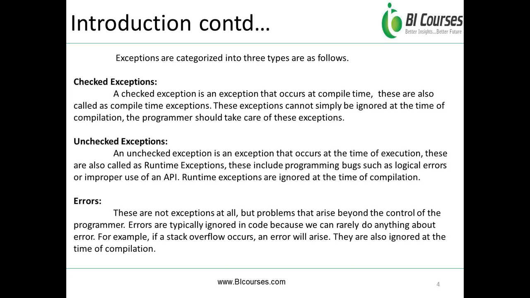We might not know what the user can enter, so if entering invalid data gives an exception, that is not a checked exception. Those kinds of exceptions are called runtime exceptions. These include programming bugs such as logical errors or improper use of an API. These runtime exceptions are ignored at the time of compilation.